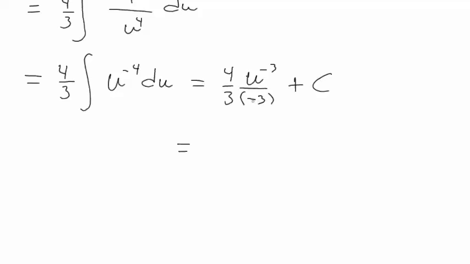Okay, what do we got going on here? We'll have to take this negative and bring it out front. And then we have 4/9. Because we have a u raised to the -3, we're going to bring that down to the denominator here, plus c. Now we'll want to get everything back in terms of x.